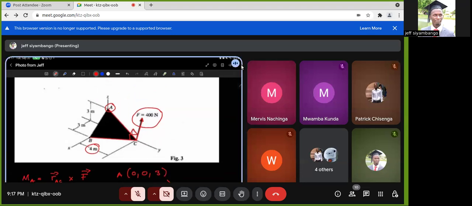Let's draw the next one. Let's translate all this that we have, let's start with the x. This is the x-axis. This is the z-axis. And this is the y-axis.